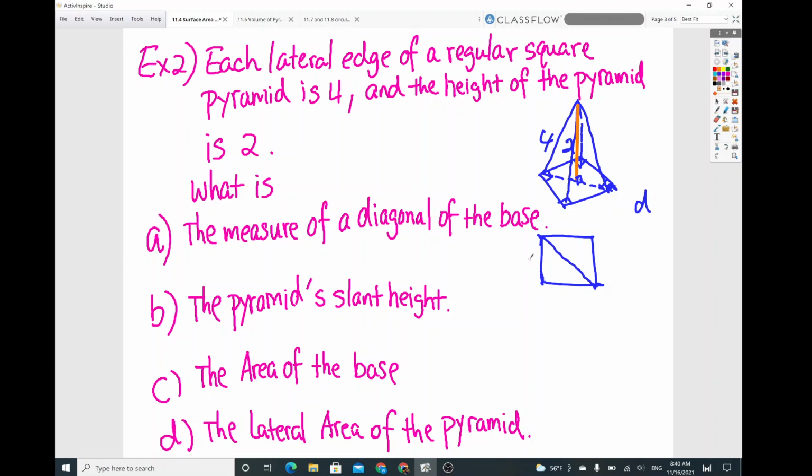So we got 4. Well, let's see right here. One thing that we don't know is the side length here, so let's say this one is X. This one is L. Let's see what's missing here for the square base.